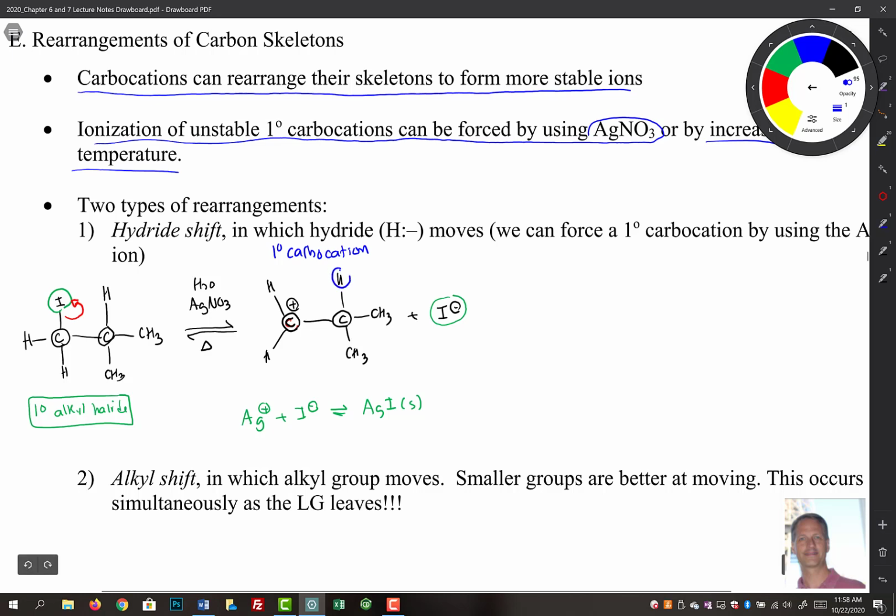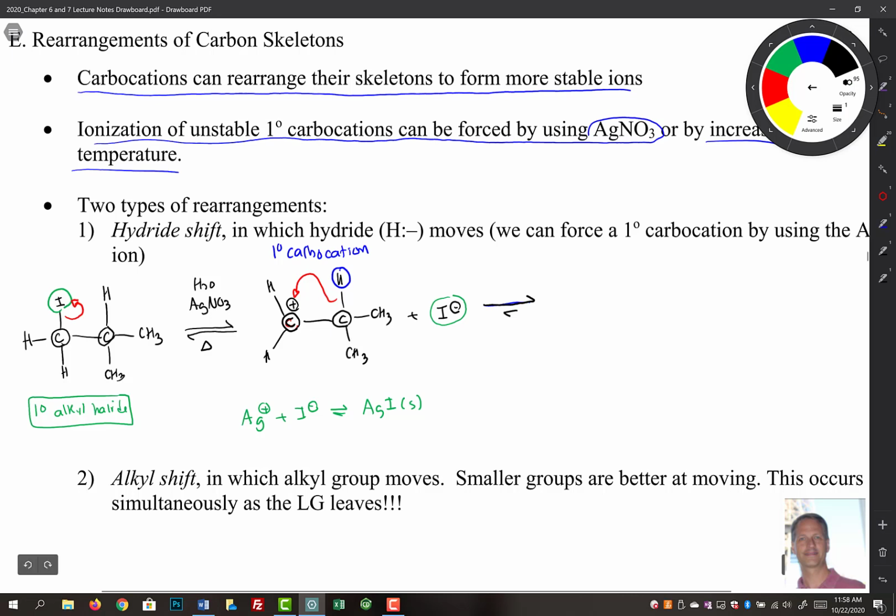It takes its set of electrons along with it, and it jumps over here just like so. This is often a little confusing to students at times. So we're going to come this direction. Let's write it out and see what happens.